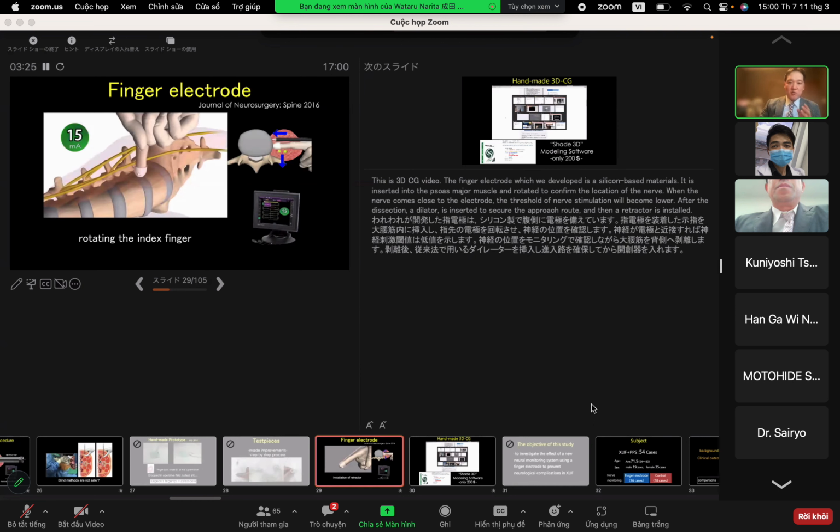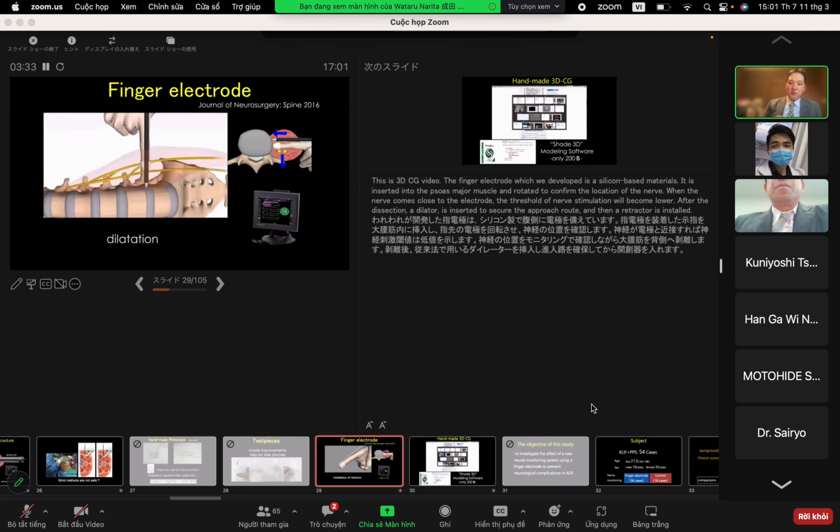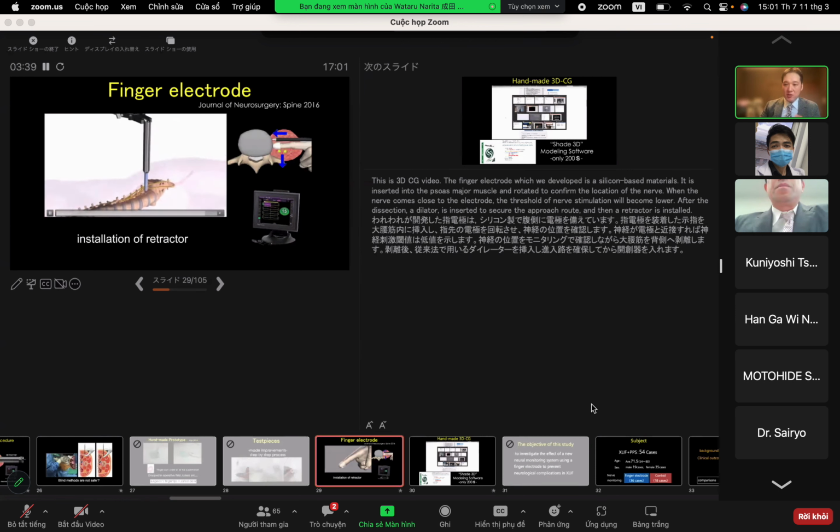When the nerve comes close to the airport and it's red, monitoring red, the nerve threshold will become lower. And after the dissection, a dilator is inserted, a skewer approach route like this one, and this trajectory is secured and the cage is installed here.